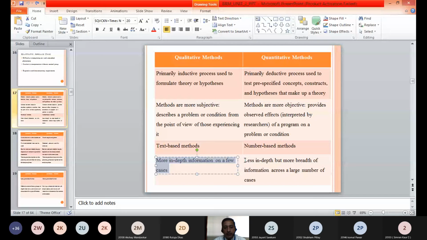Quantitative method is exactly opposite to that. Here it is less in depth, but breadth is more, meaning a large number of respondents can be surveyed. In qualitative method, fewer people but detailed information; in quantitative method, less in-depth information but a large number of respondents can be covered.